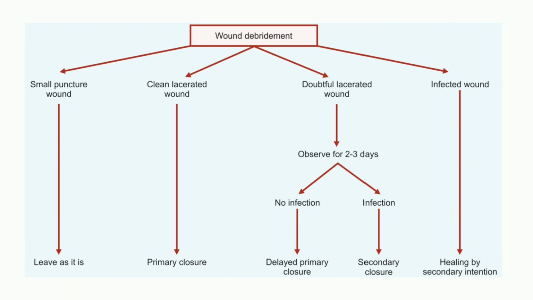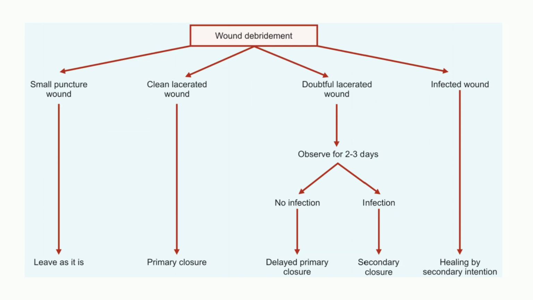Plan of wound closure in open fractures. Wound debridement. If it is a small puncture wound, then leave it as it is. If there is a clean lacerated wound, it needs a primary closure.